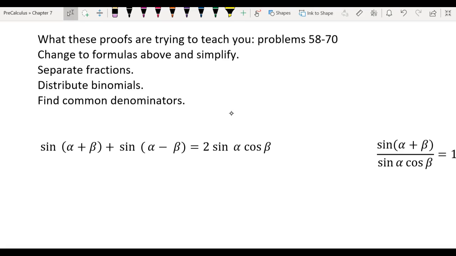Okay? Does it make sense though? So these are the formulas I'm going to use. It says that I have sine of this plus sine of that that I need to change. So I'm going to write down this first.